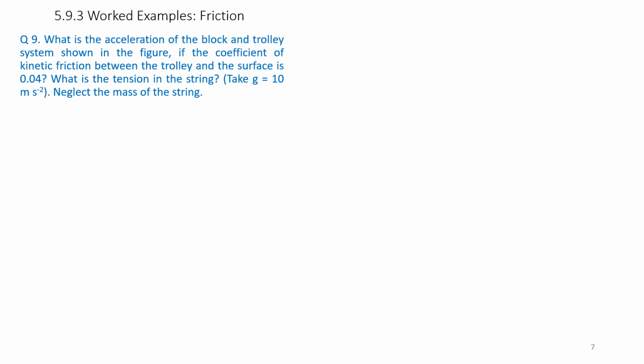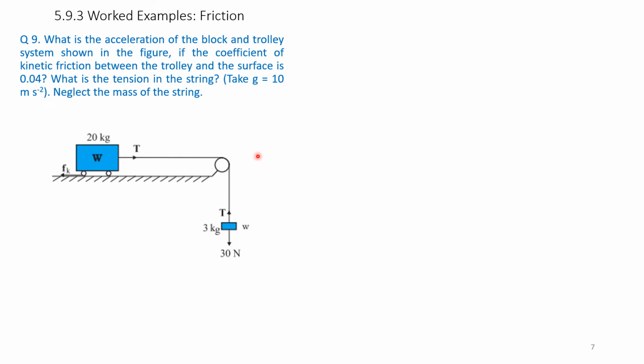Now let us solve the next problem. Question number 9. What is the acceleration of the block and trolley system shown in the figure? The coefficient of kinetic friction between the trolley and the surface is 0.04. Fk, the kinetic friction, acts leftwards because the trolley is moving in the right direction.